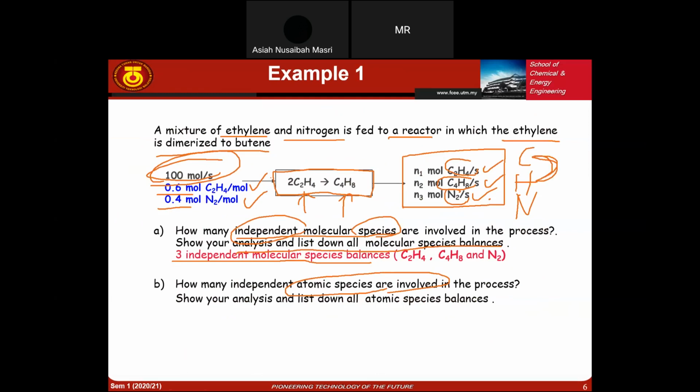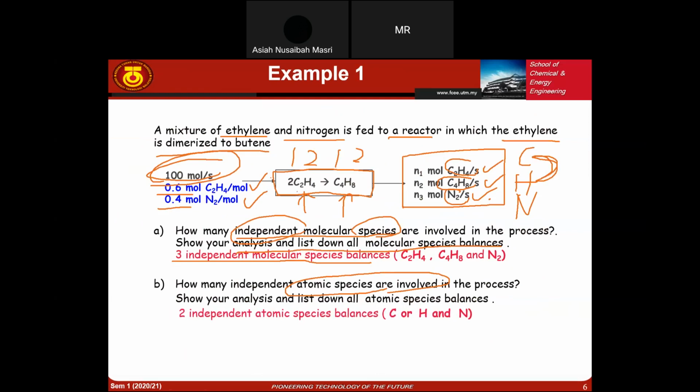So let's see here. The input, we have C2H4. So for every one C, there will be two H for the input. For the output, for every one C, there will also be two H. Because the ratio here, 2 to 4, 4 to 8, is equal to a 1 to 2 ratio.